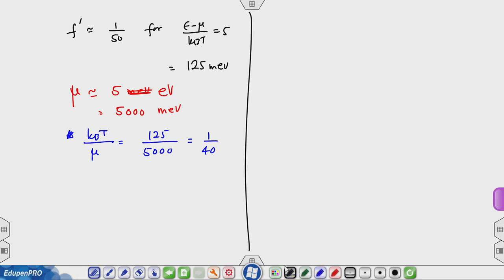So if this is mu, at 1 over 40th of mu, this function comes down. This is at room temperature.